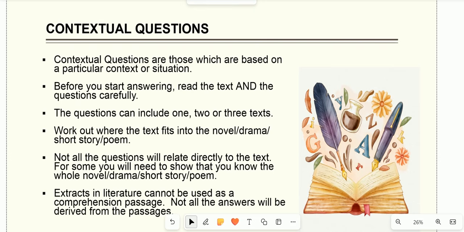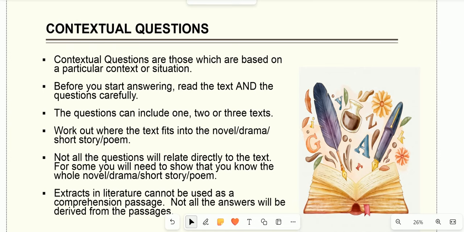Those doing short stories will be given passages. Those doing a novel will be given extract A and extract B. And then we are also going to have poems. So the question can include 1 or 2 texts.